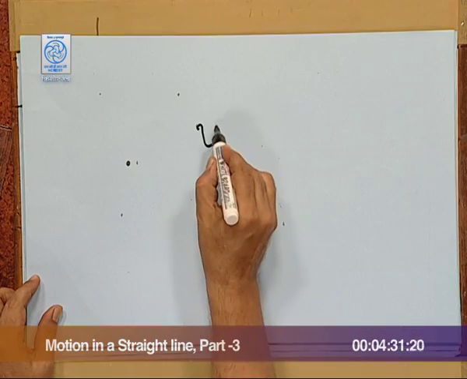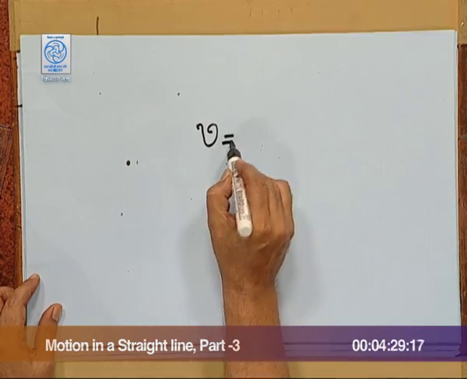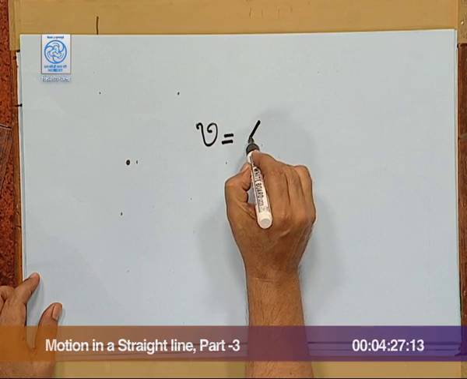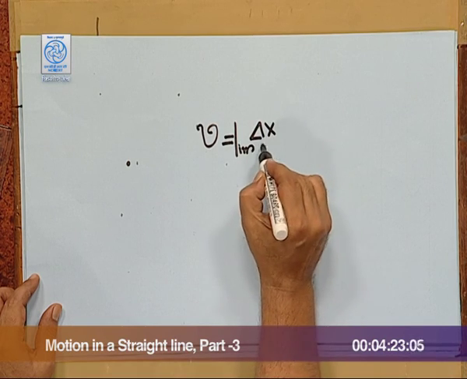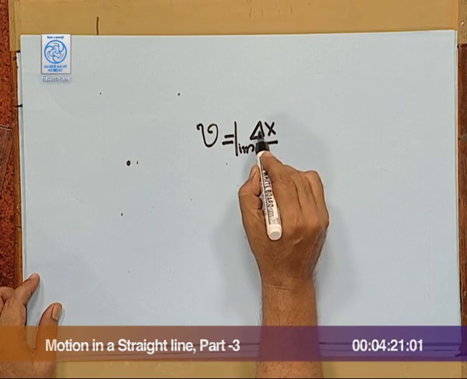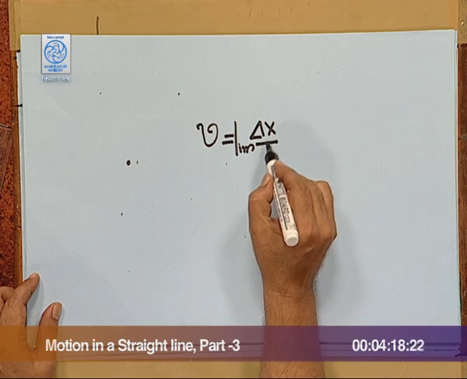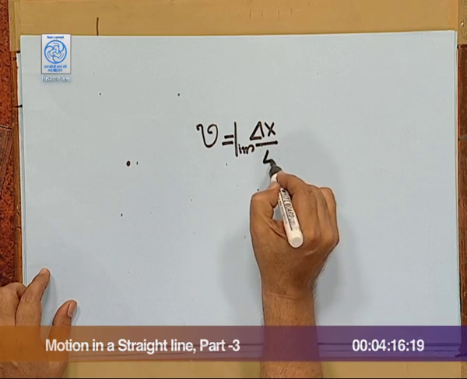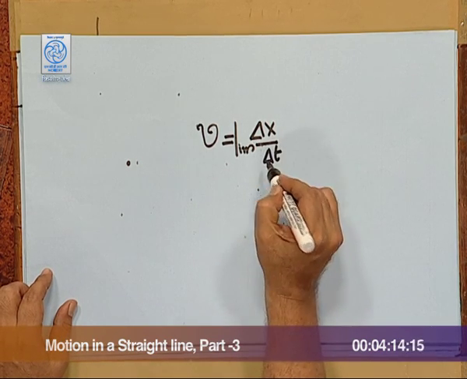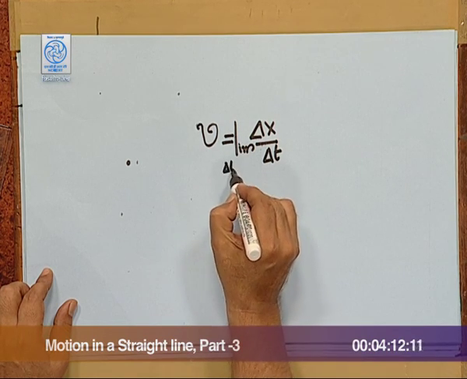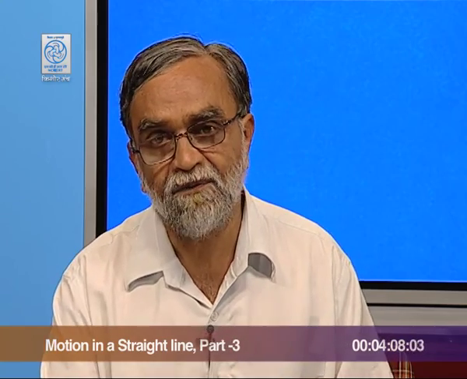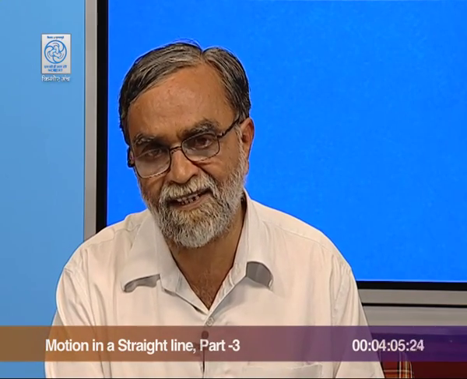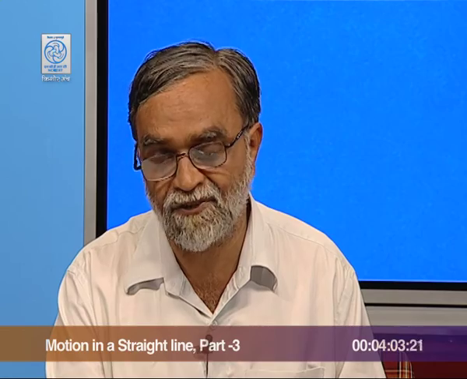When we say instantaneous velocity, we write it as V is the limit of the change in position coordinate, which we have called delta x, which is nothing but displacement per unit time when the time interval is very small. So, we write V is equal to limit of delta x by delta t as delta t tends to 0.